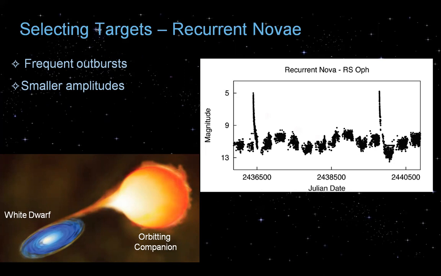And they happen to do this quite often, depending on the type of star. And they can show a huge change in brightness over time. But the important thing to remember here is that the binary star system is not destroyed. And you can see the light curve here a couple of times, when the spikes show when it went nova.